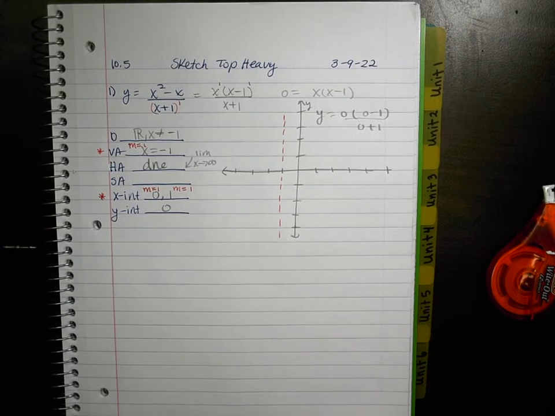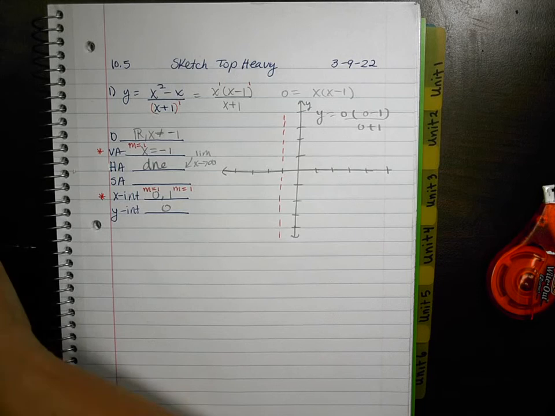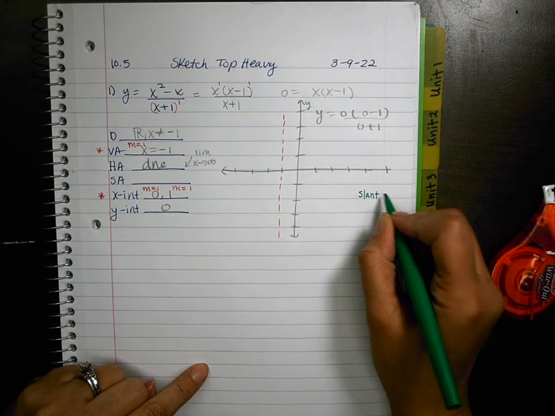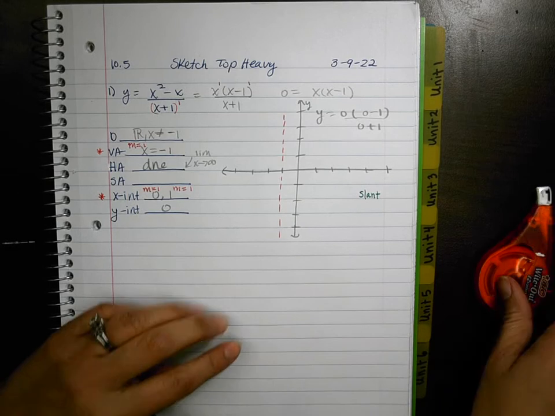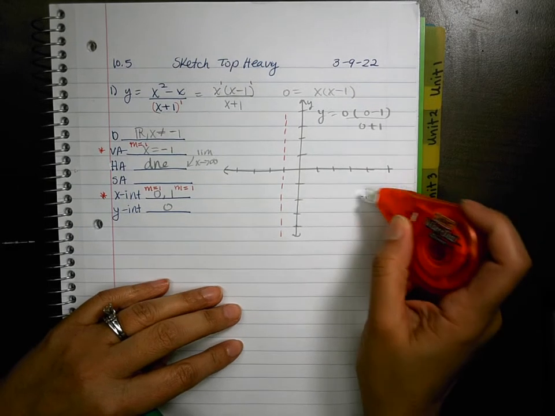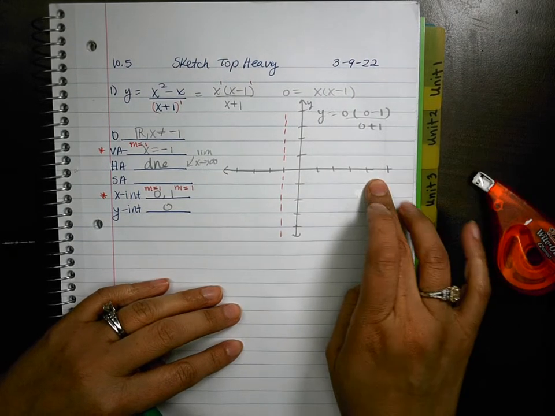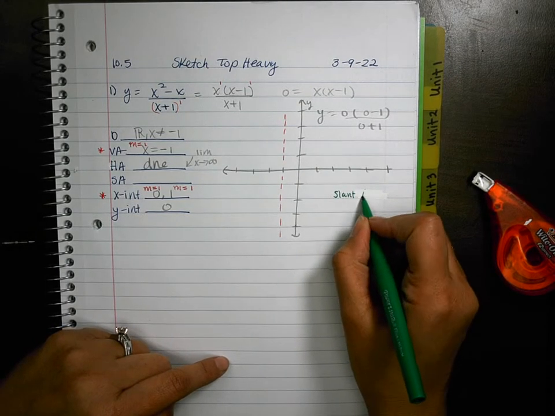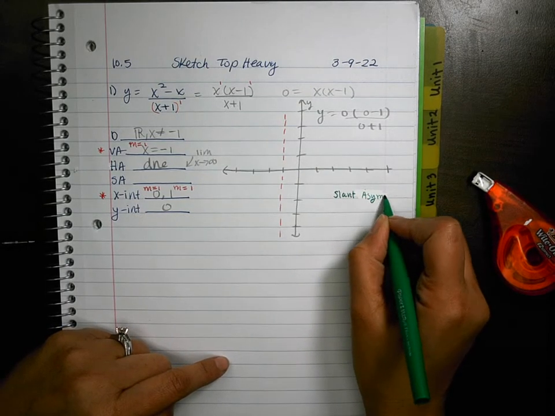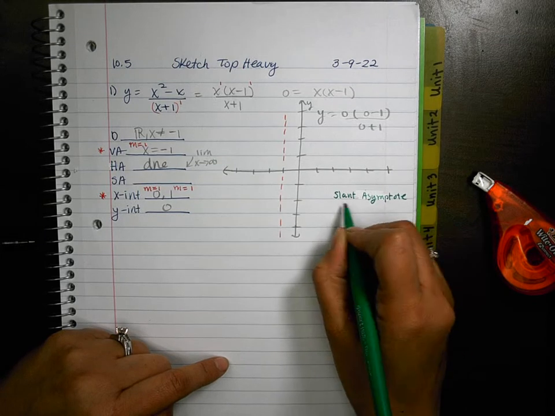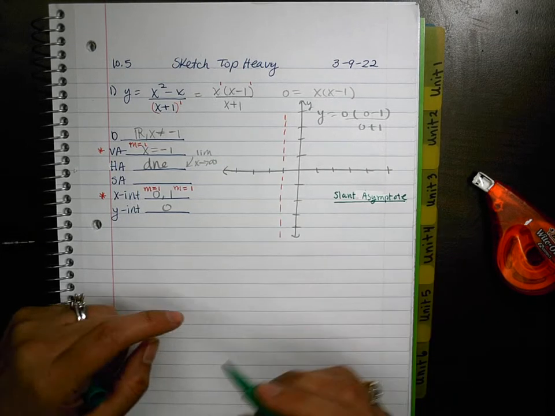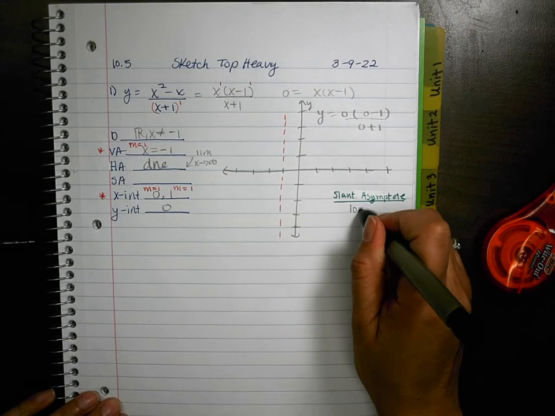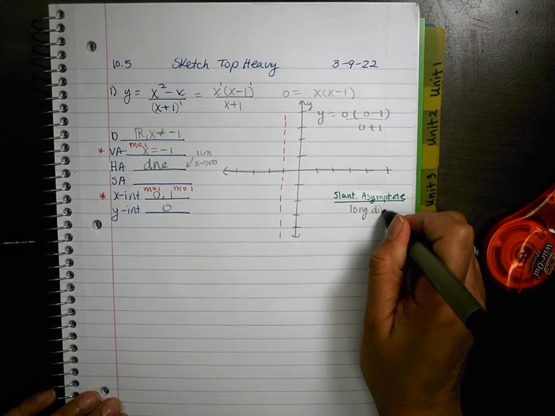How do we find slant asymptotes? Slant asymptote is found by using our favorite long division.